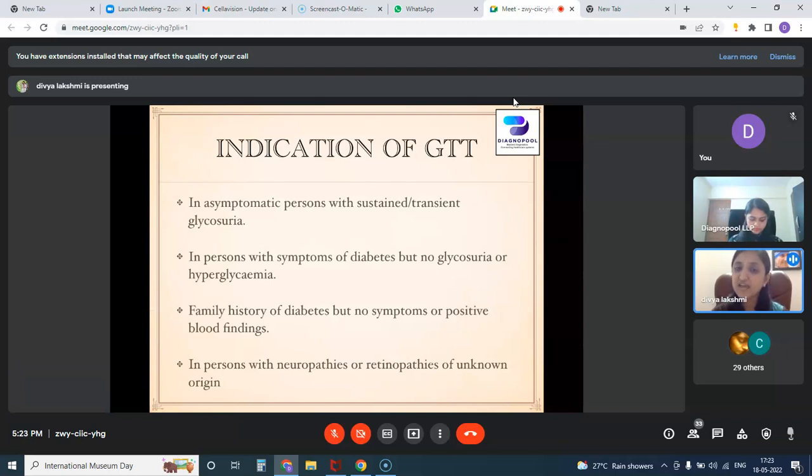Third, if the patient has a family history of diabetes but no symptoms or positive blood findings, you can do GTT. In all these pre-diabetes conditions only, you can diagnose whether this patient will get diabetes or not, or how well the patient is tolerating the glucose when we give the exact amount of glucose solution.